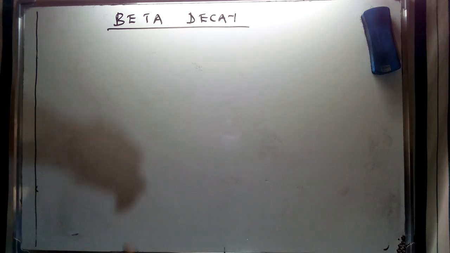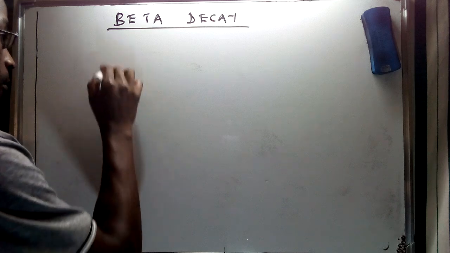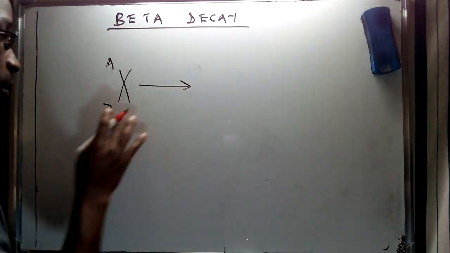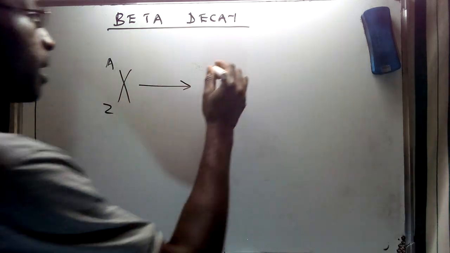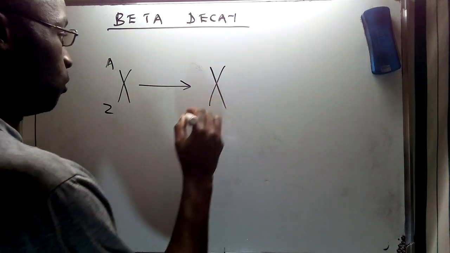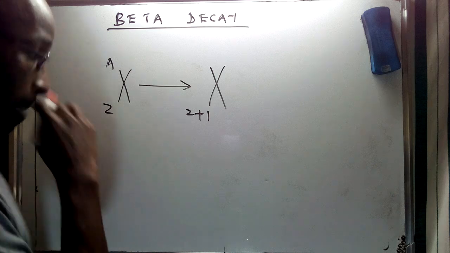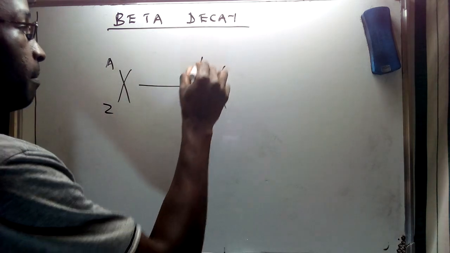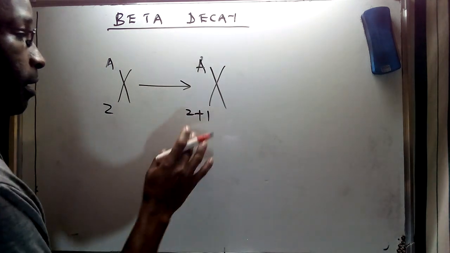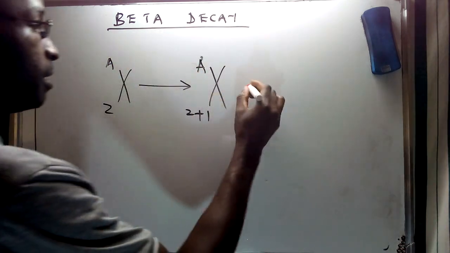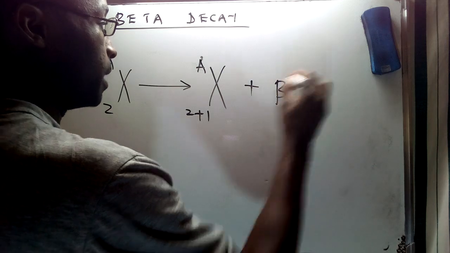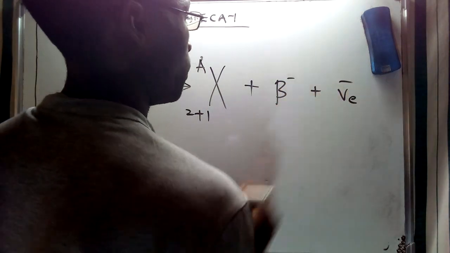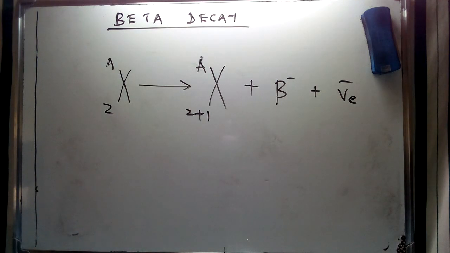This can be illustrated using a general case of the decay of a radioisotope, generally given as X. The transformation for a beta decay occurs with an addition of a unit for the atomic number, while the mass number is maintained. This is accompanied by the release of a beta particle, and later I'm going to mention the concept of an antineutrino.